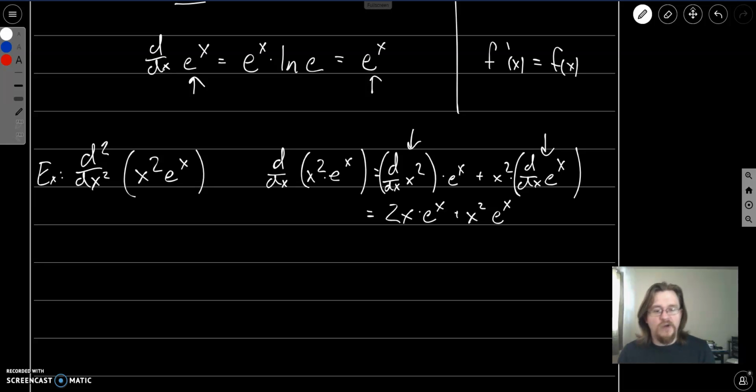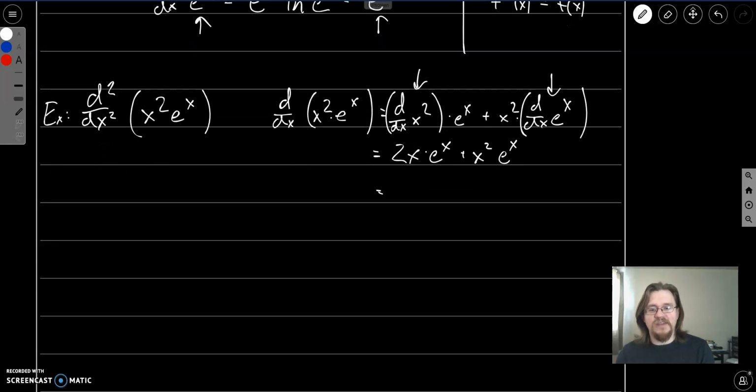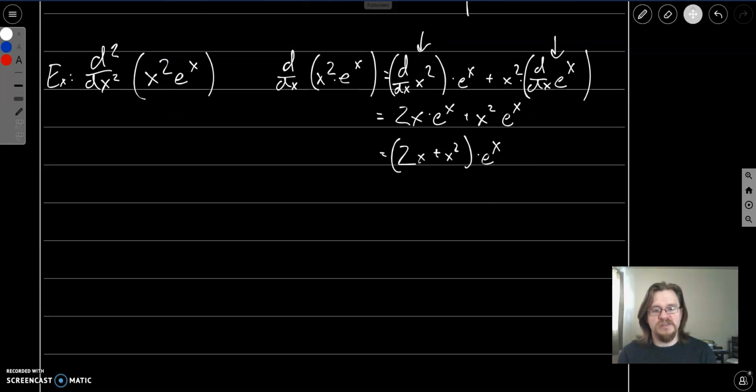Again, if I wanted to, I could write the derivative as e to the x times the natural log of e, but we know that the natural log of e is just 1, so why even write it down? And then here, I can pull out an e to the x, and I can simplify this just a little bit. And there you go. The derivative of x squared times e to the x is 2x plus x squared times e to the x.